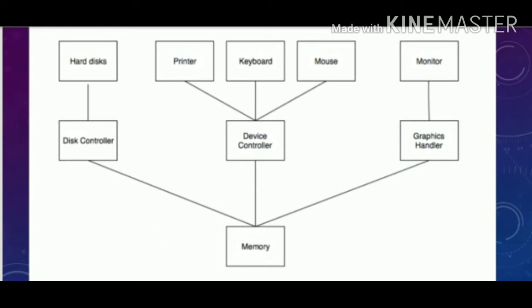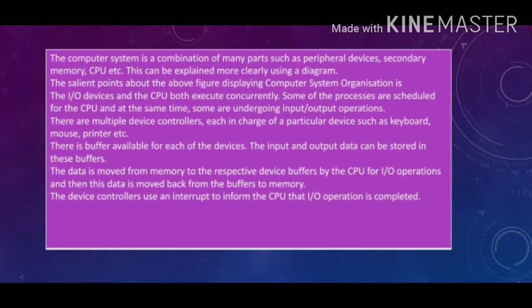This organizational chart shows the involvement of memory with the other devices, such as memory to graphics adapter to monitor, memory to device controller to keyboard, mouse and printer, and memory to disk controller and hard disk.